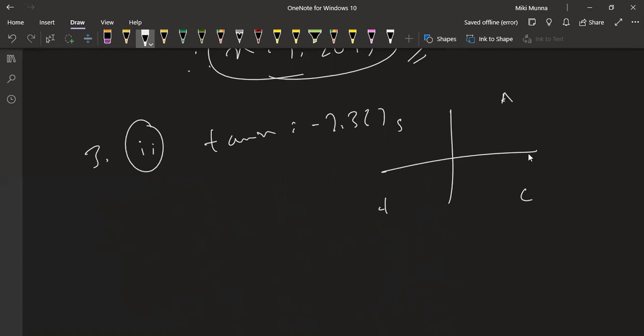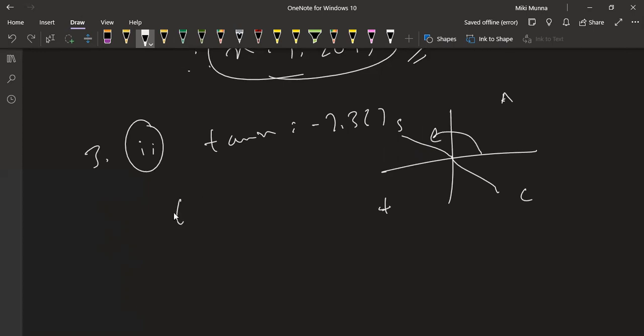In this situation, tan negative would sit between these two places. But cos should be negative also. Cos is negative between here and here. So the common part for these two negatives is this one, where tan and cos are both negative. That means we only consider this portion. We need to find this angle.